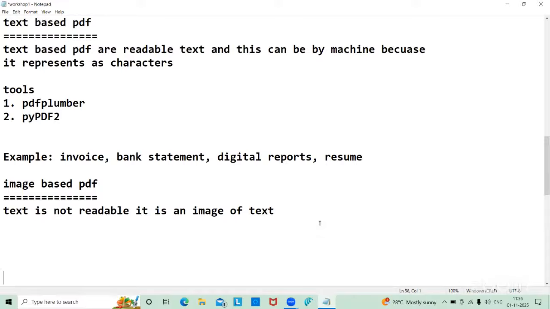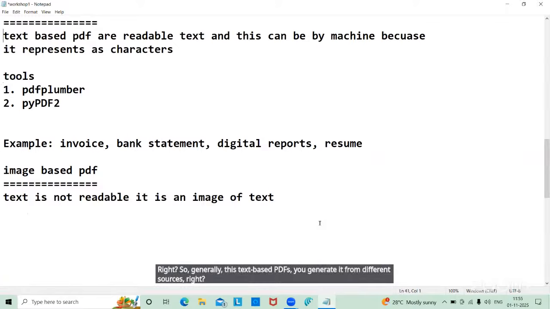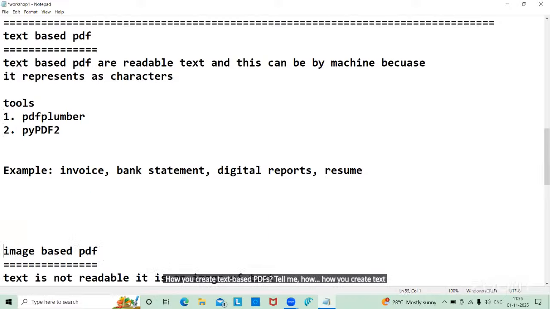See, generally these text based PDFs you generate from different sources, right? How do you create text based PDFs? Tell me. What are the sources?